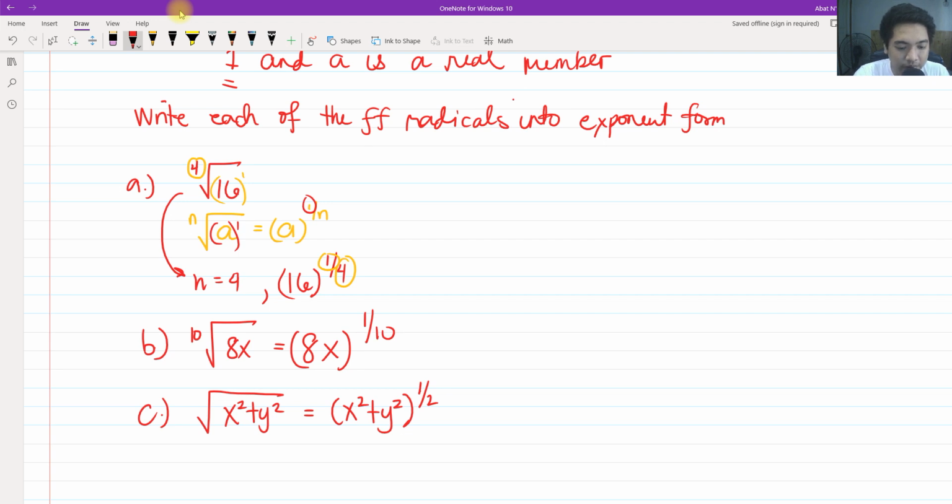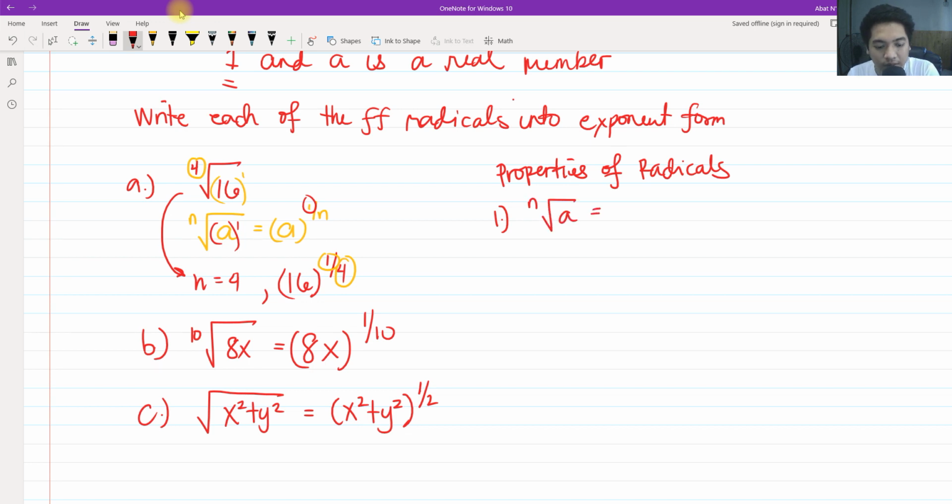Now, how are we going to simplify radicals? We have several properties of radicals. For number 1, the nth root of a raised to n is simply equal to a.